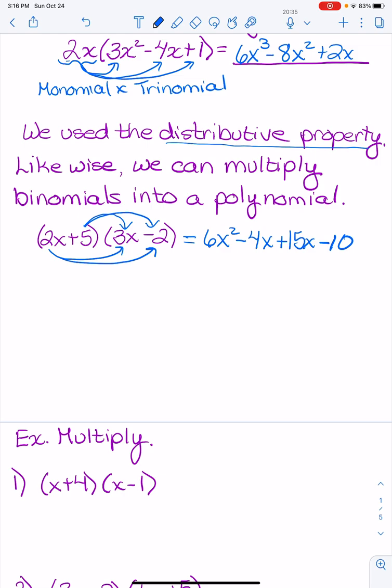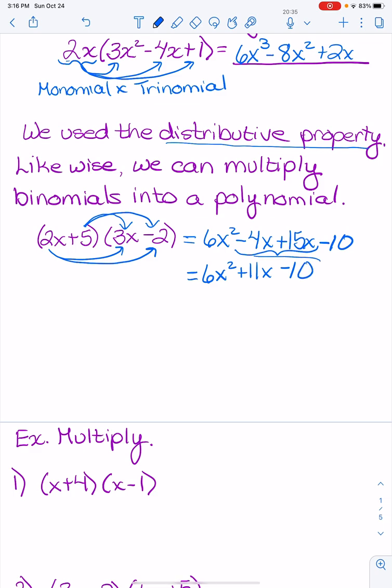Okay, so if you notice now, we have two terms in the middle that we can add together because they're like terms. So 6x squared, nothing to combine that with. Negative 4x plus 15x is plus 11x minus 10.